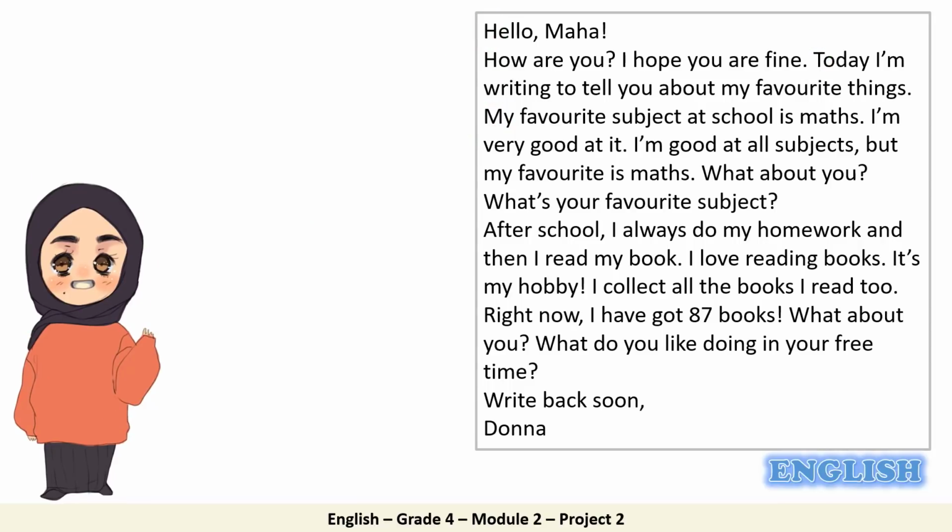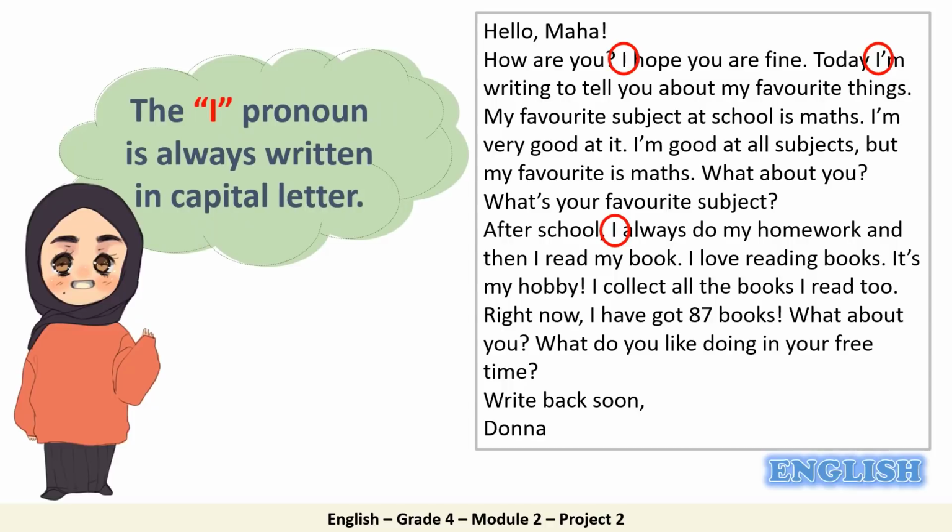Let's move on and follow with me. Look at this. I. It's written in capital letter. We also have I here and here as well. Now, the I pronoun is always written in capital letter, and you use it when you talk about yourself.